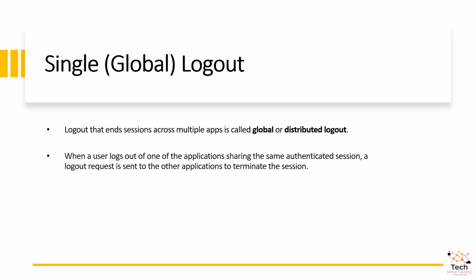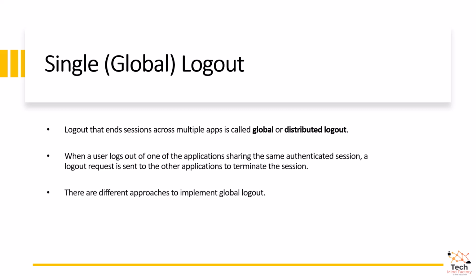But it's not only about the same application, it's also about different kinds of applications where the user has an active authentication session. So let's say that I have applications A, B, C, and I'm logging out from application A, but I would like to also automatically log out from applications B and C. This is where global or distributed logout can help.